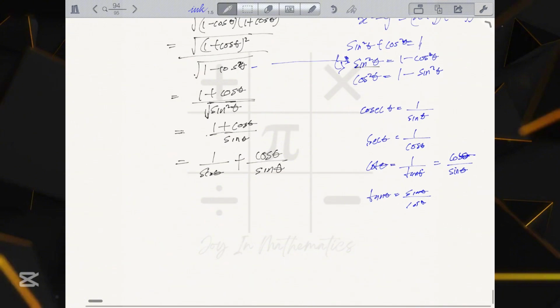So now let's apply this concept. Cos theta divided by sine theta is this, and similarly 1 divided by sine theta is this.